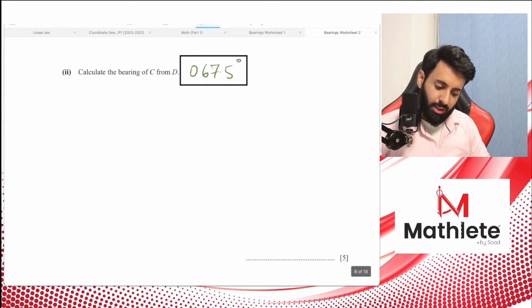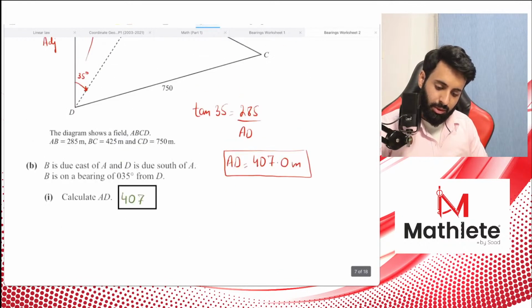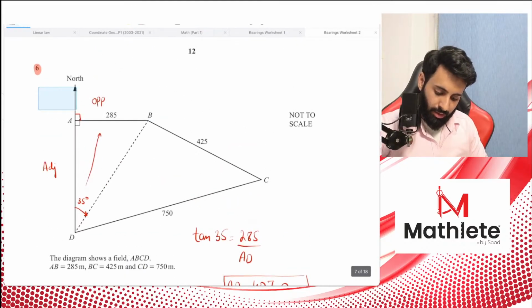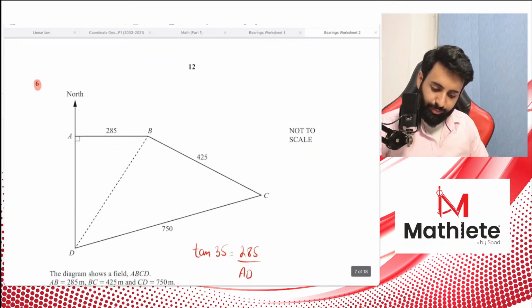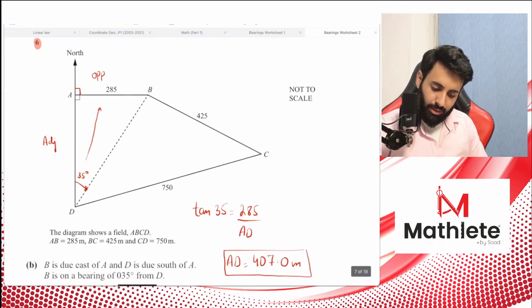Calculate the bearing of C from D. So what I'm going to do is, I'm just going to erase everything. Okay, erase this, not everything actually, and this, and let's see what the question is saying.